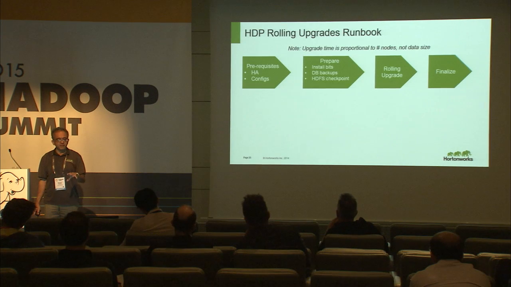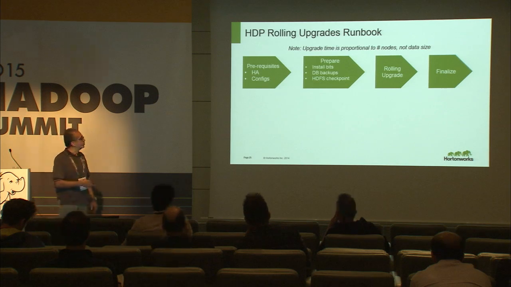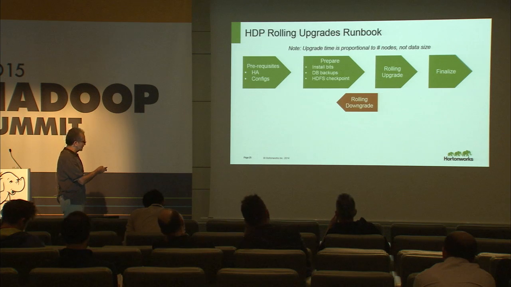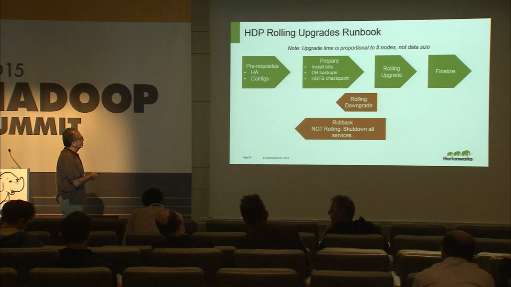You install the bits, the databases are backed up, then you do HDFS checkpoint, okay? And then you would do the actual start of the rolling upgrade. It'll take some time because you'll be doing a node at a time, and then you would finalize. And if you finalize, you're done. If you don't finalize, let's say from this point you decide something, you can downgrade and go back. You could even roll back and shut down all. You could do an emergency rollback, okay?